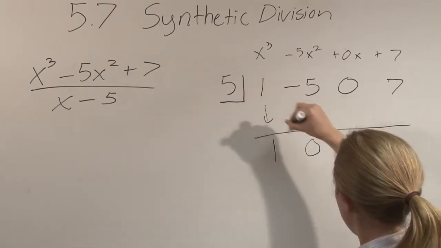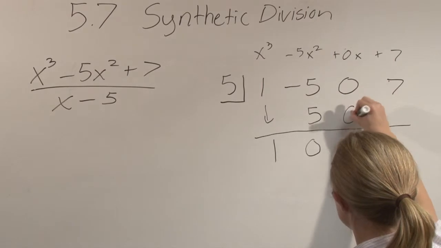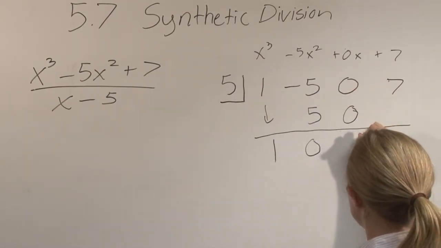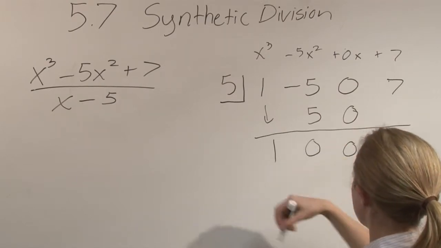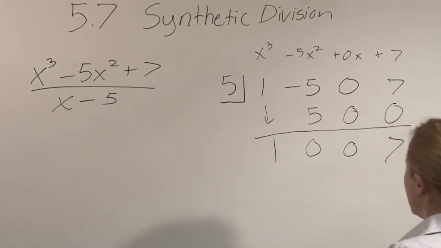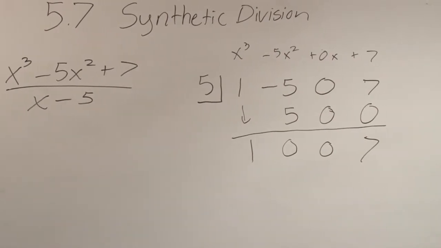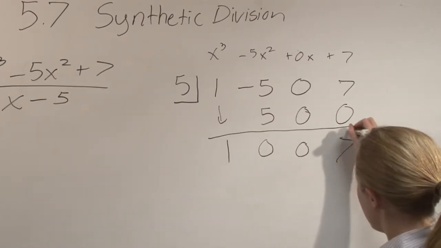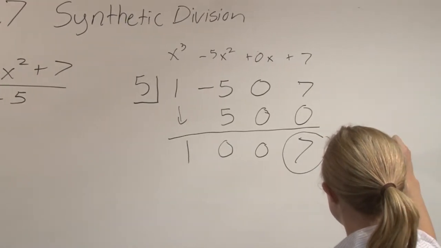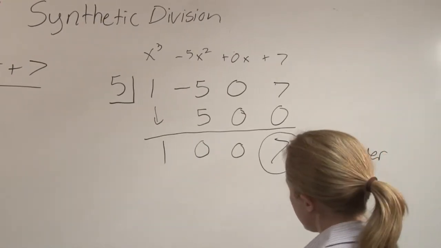Then I'm going to multiply that again. 5 times 0 is 0. And then when I add 0 plus 0, it's also 0. Okay, so now I have 5 times 0 again, and I'm going to bring down the 7. So I don't have a 0 here, so that means there will be a remainder.